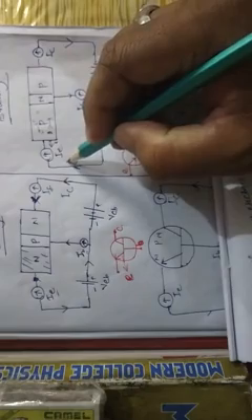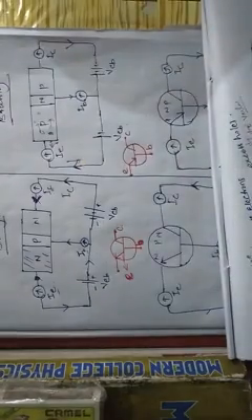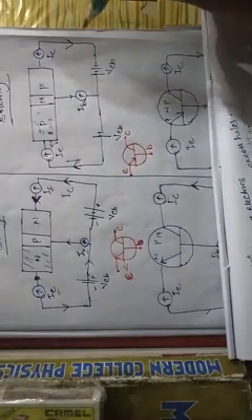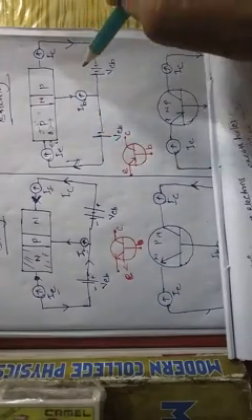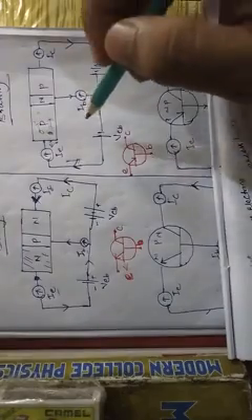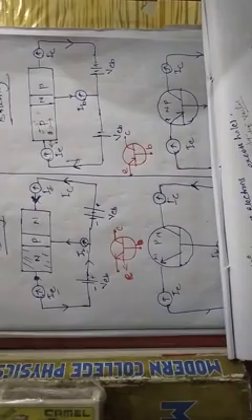So as electrons flow in this direction, the current will flow in this direction. Likewise, you have to show each and every part of the current and hole and electron motion direction and show me. Okay.